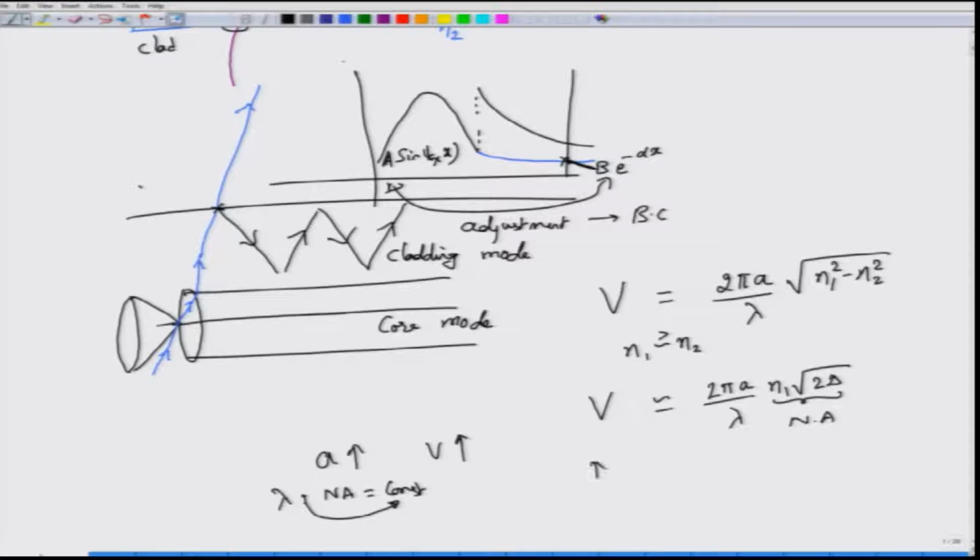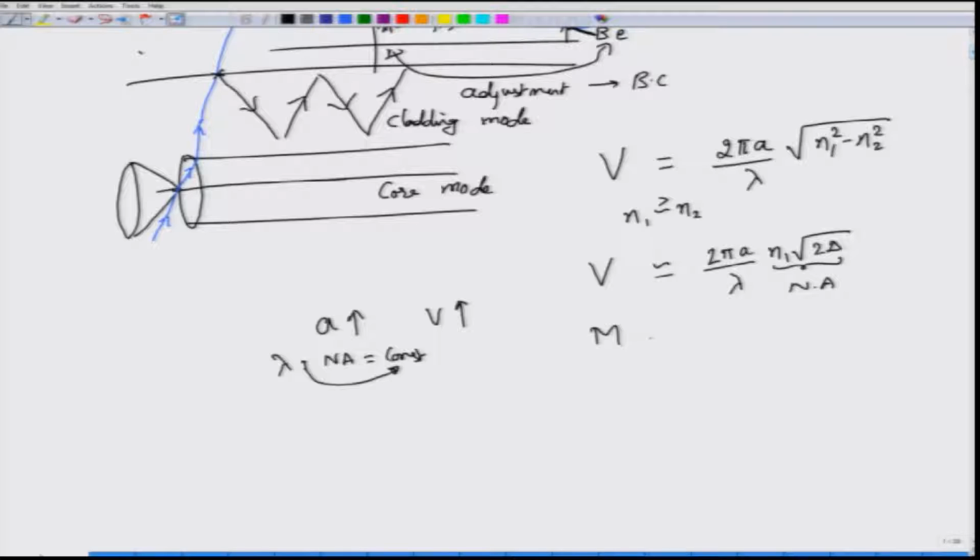Now it turns out that when V is sufficiently large, then the number of modes that the waveguide will support goes as V square by 2, okay, and what you get is, instead of having one mode propagating, which is what you would ideally want, you would start getting multiple higher order modes. So energy is now being eaten away by multiple core modes, just because I have decided to constrain the optical power inside the core as much as possible by making the area large, right.